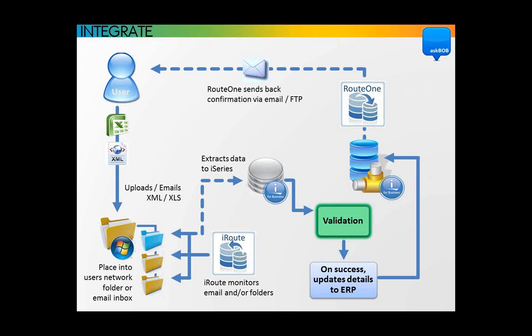We'll capture that information, we'll monitor the email system and extract the information from the email, or we'll be polling the FTP directory. Now, a product from our integration suite called iRoute will be monitoring this and extract all the information, be it from the email or from the directory, straight to the I series.